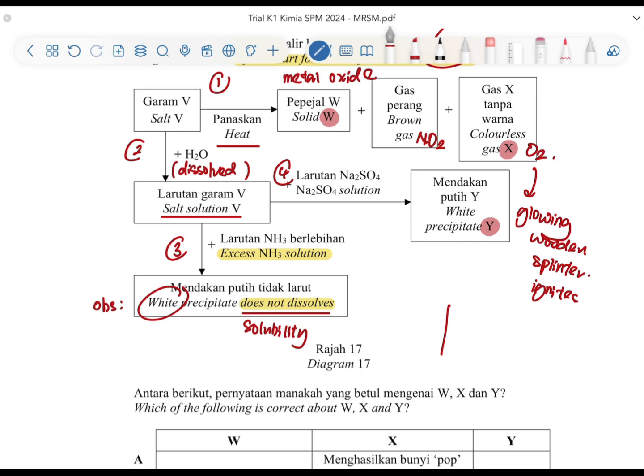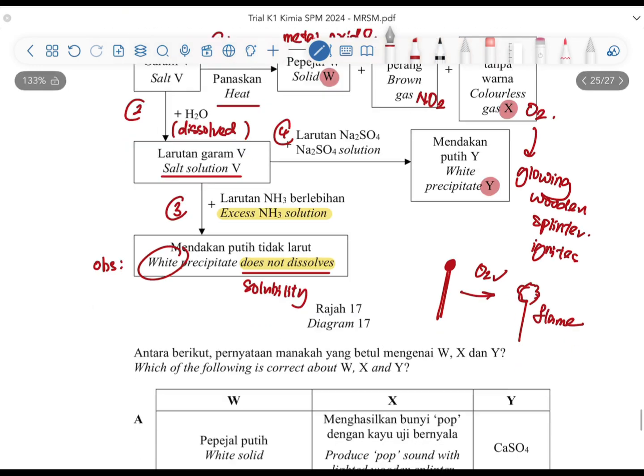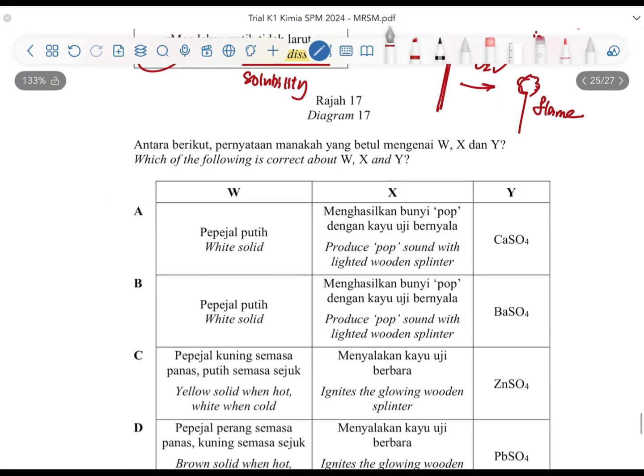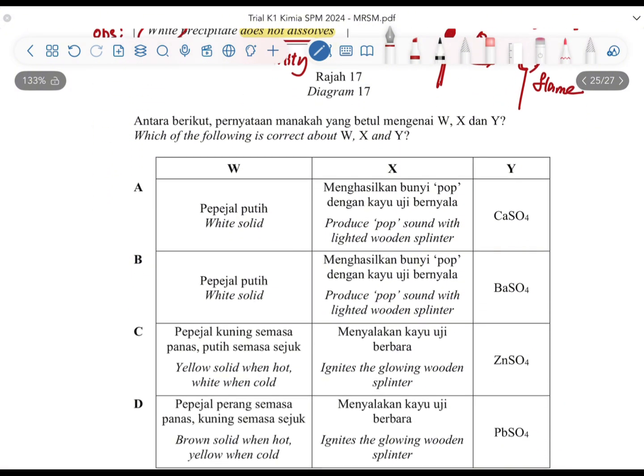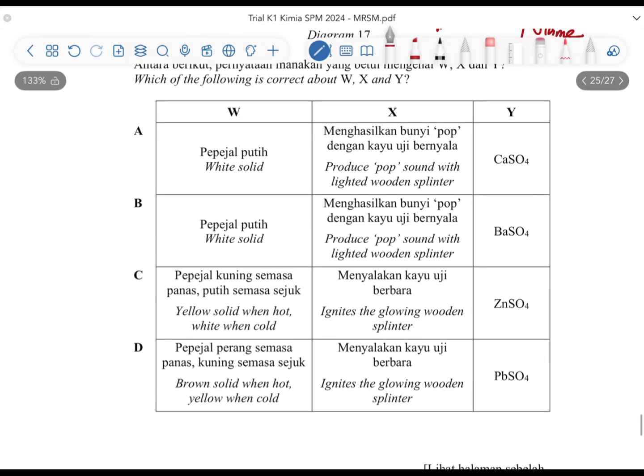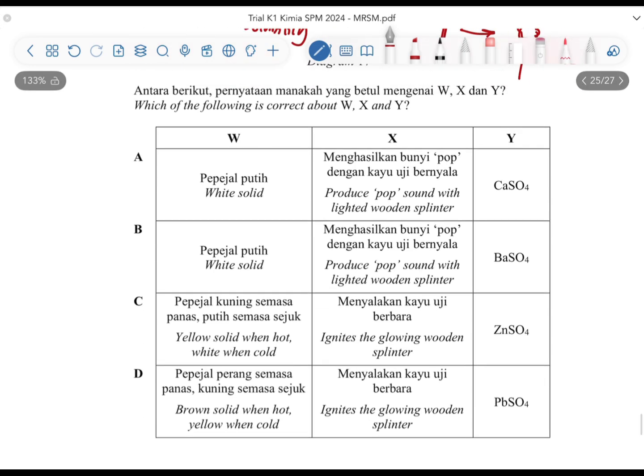Let's say, for example, this is the glowing wooden splinter, and the fire may be like this, and after it gets the oxygen, it will ignite and become a more obvious flame. So let's go through the column for X first. Here X produces a pop sound with a lighted wooden splinter.